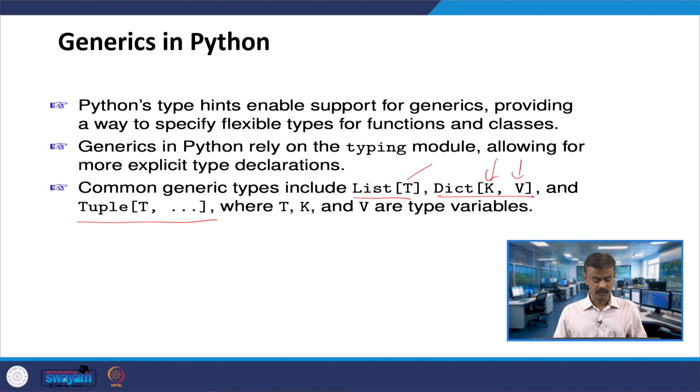In fact, we can use the typing module, and this typing module allows for more explicit type declaration. You can also have user defined generic types. The common built-in ones are list, dictionary, keyword is DICT, and tuple, right.